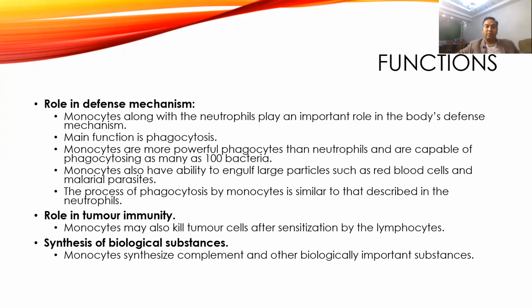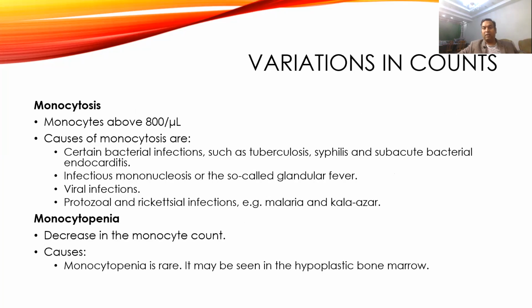This mechanism is called antigen presentation. And monocytes also synthesize various inflammatory substances, and they're responsible for the inflammatory reactions, and they also synthesize the complement system, which is a very strong humoral part of the innate immunity.